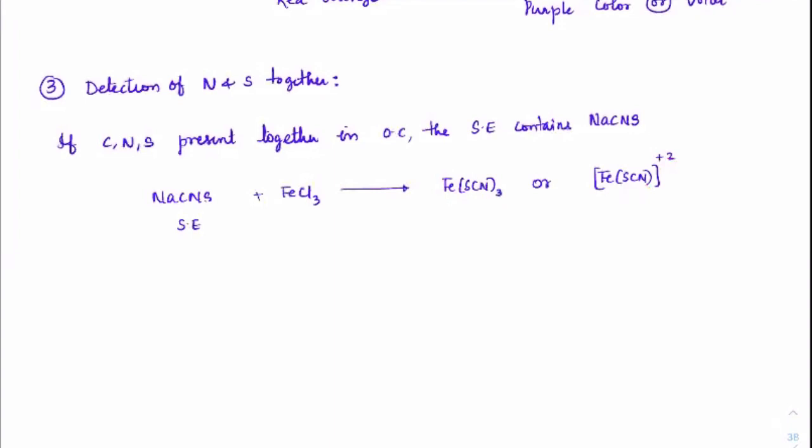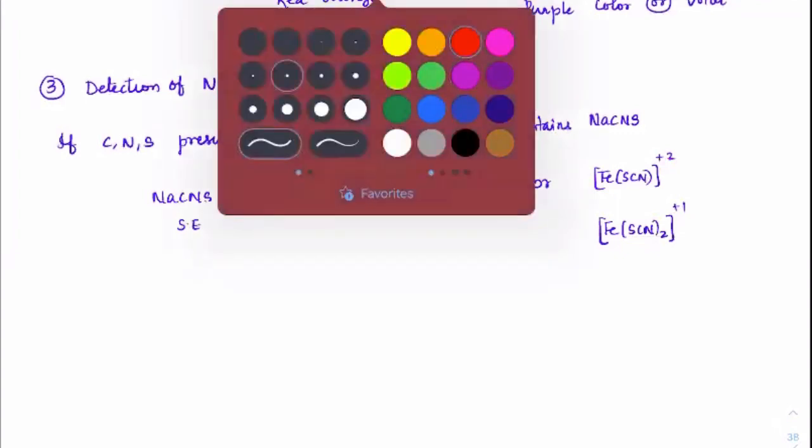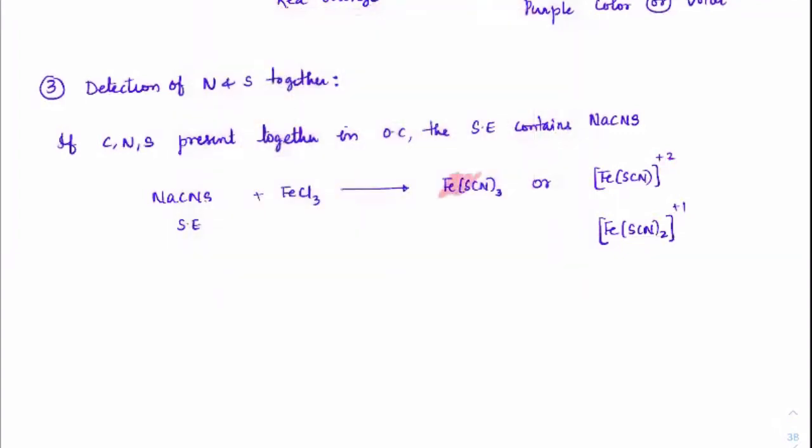Even if it is given this way, [Fe(SCN)2]+, all of these forms are the same. Got it? Eventually only this is formed. But the minute the complex starts forming, they all appear red in color, blood red in color. It's a very, very important confirmation for many of the reactions.